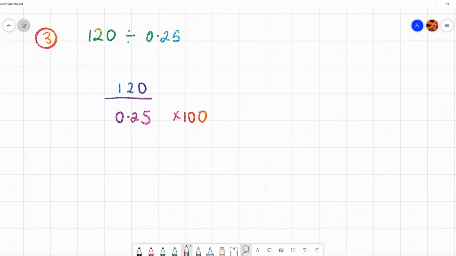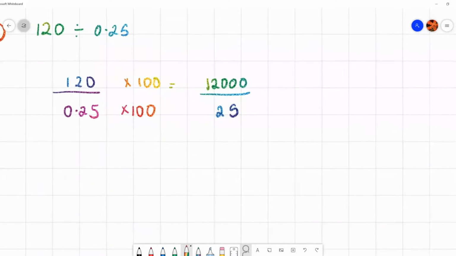Whatever I do to the bottom, I have to do to the top. Okay, that becomes 12,000 and the bottom becomes 25. You could do 12,000 divided by 25 if you want to, but the easiest way here is to keep simplifying your fraction until you can't simplify it anymore, and then you can do the divide because it'll become easier and the numbers will be smaller.